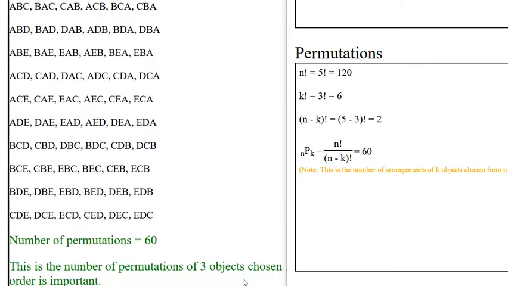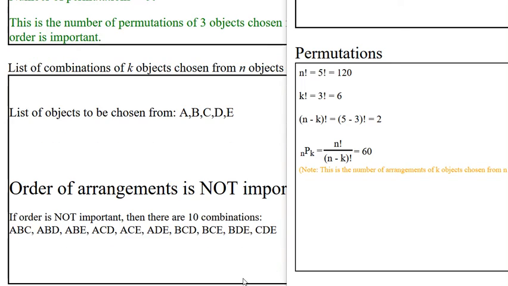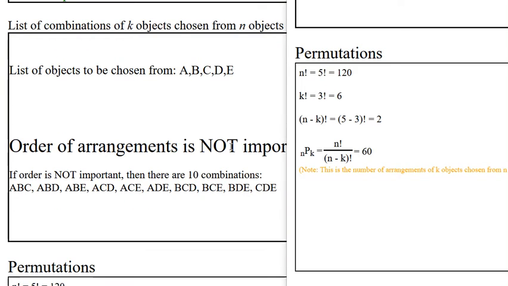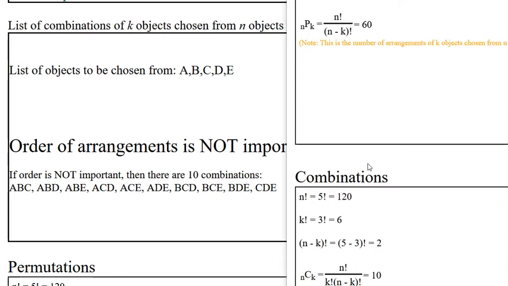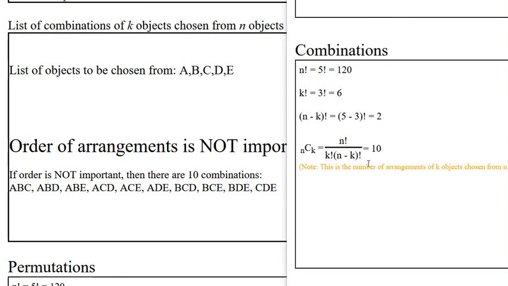And then for the number of combinations, where the order of arrangements is not important, this is how we calculate it. Again, n factorial, the number of objects to choose from, is 5 factorial, which is 120. And then we're choosing 3 objects at a time, and so 3 factorial is 6.